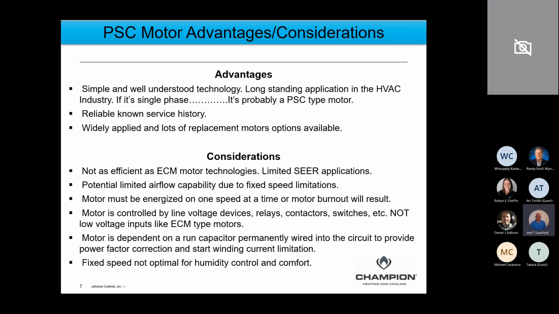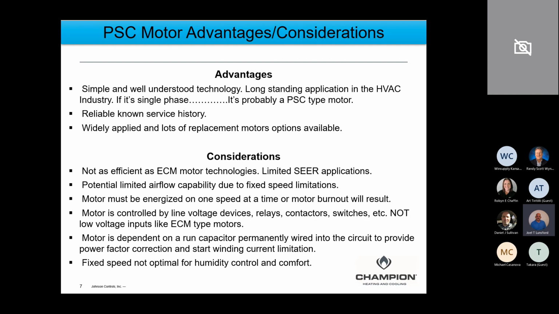Even though we're migrating over to high efficiency motors, there's still lots of PSC blower motors out there. Very, very well known and reliable service history. And it's widely applied with lots of replacement motor options available throughout the industry. It doesn't matter what supply house you go to, they're probably going to have some PSC type of blower motors in stock. Again, they're a good solid motor.